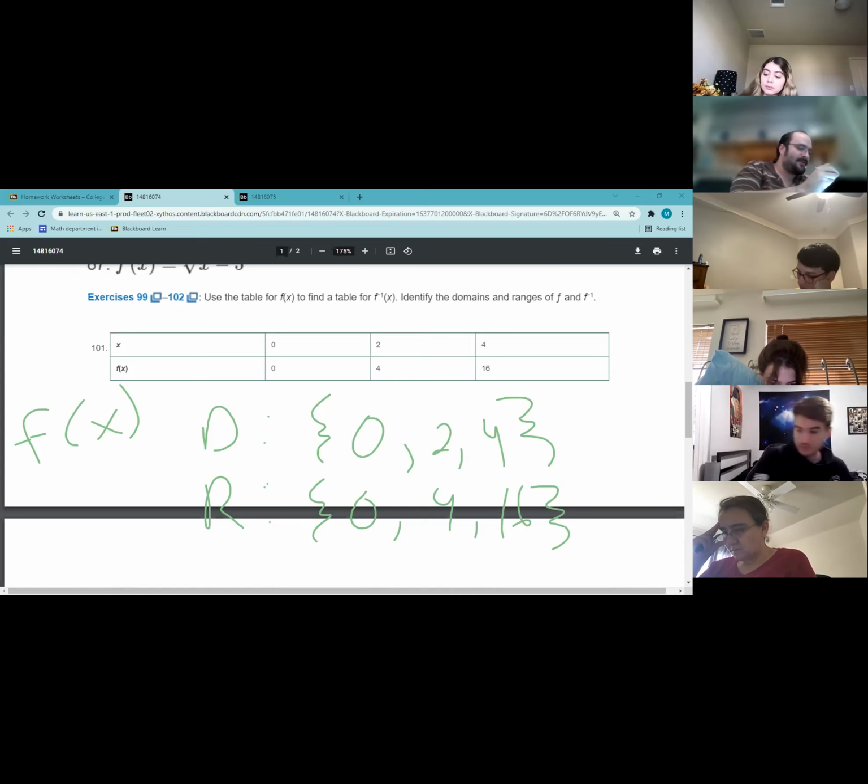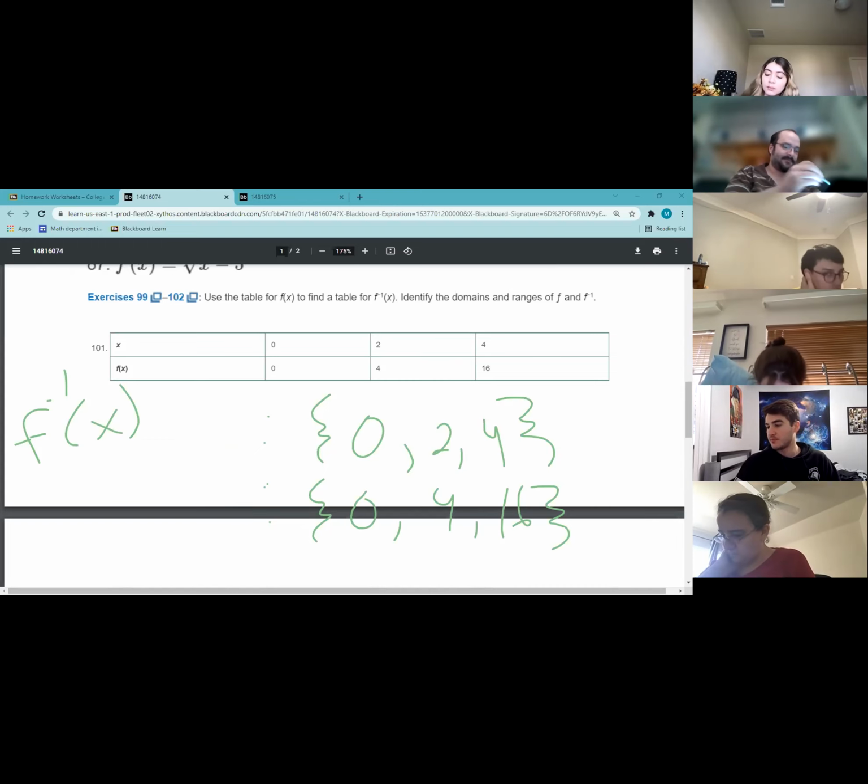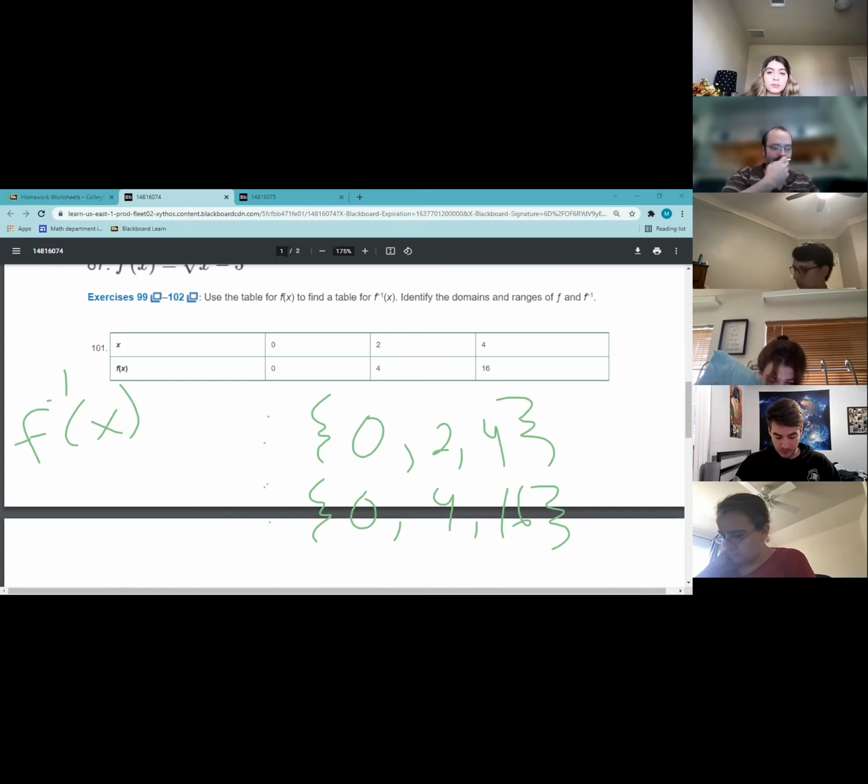Okay, so if I want to do my f inverse of x, how would I fix this? What would my domain be for my inverse? I'm not too sure.